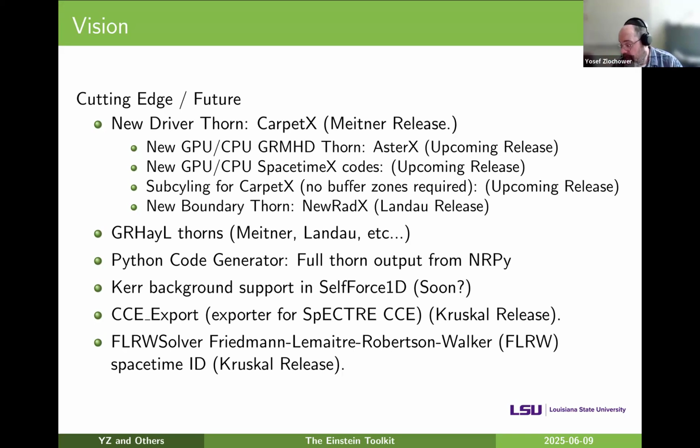This is a code which very efficiently takes data generated from a code like the Einstein Toolkit and uses it to provide data for a subsequent evolution using what's called Cauchy characteristic extraction, which allows you to take the metric data at some relatively large radius and propagate it with very little error out to infinity to get the true waveform. And so CCE export provides the interface between an Einstein Toolkit simulation and this Spectre CCE code.